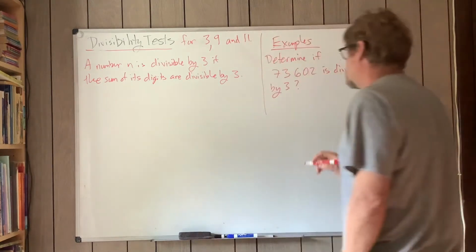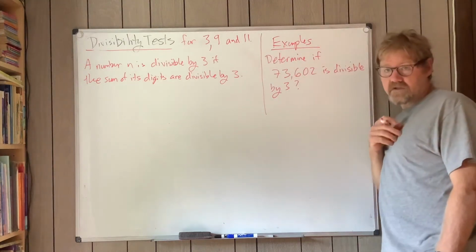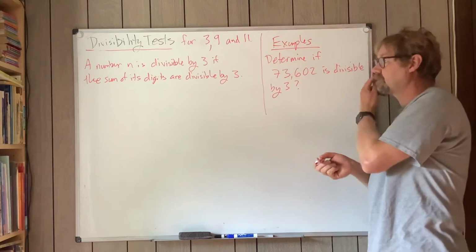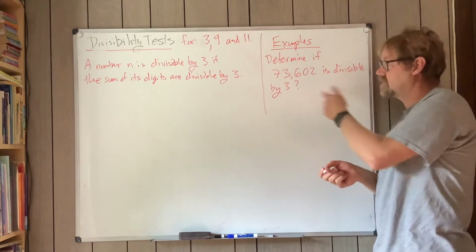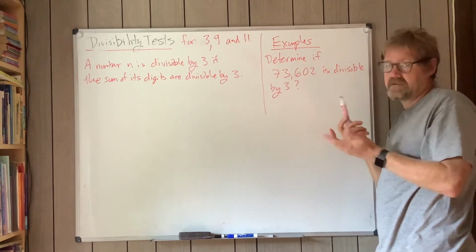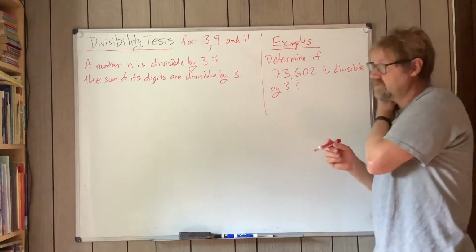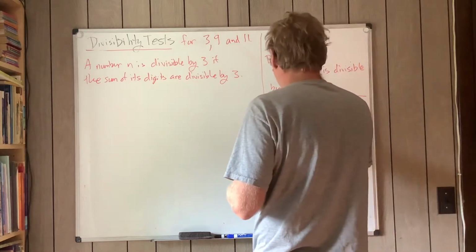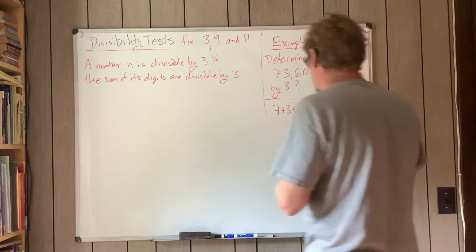First of all, you can start to see this might be helpful. I could do the long division on it, which shouldn't be too hard, but it takes a little bit of time. What we're going to do is add up the actual digits: 7 plus 3 plus 6 plus 0 plus 2.